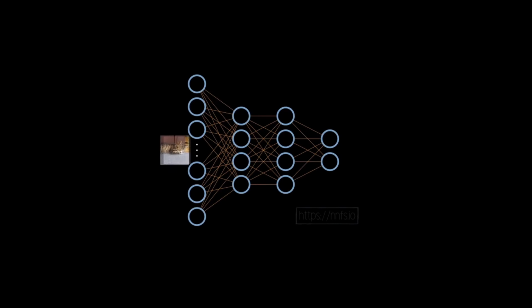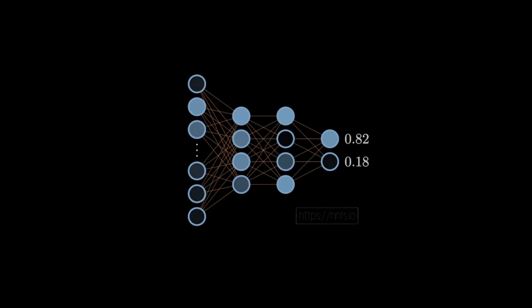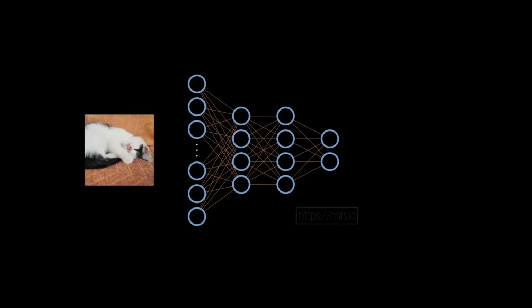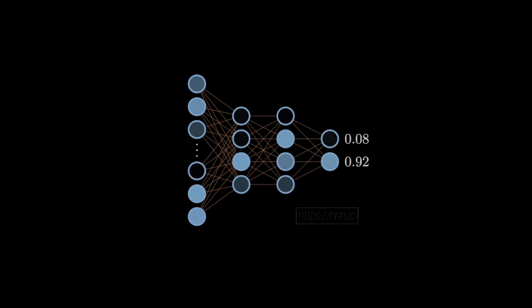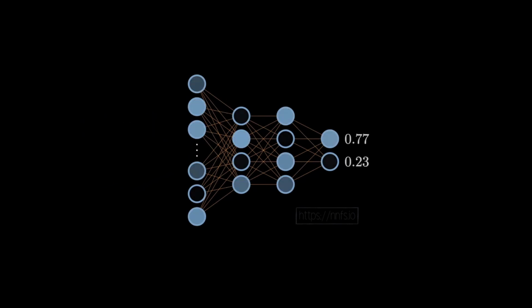A perfect classification would be 1.0, and I would also argue a perfect classification would be 0.0, because it either is or isn't. It's a binary probability distribution, 1 or 0. But typically what you're going to see is something in between 1 and 0.